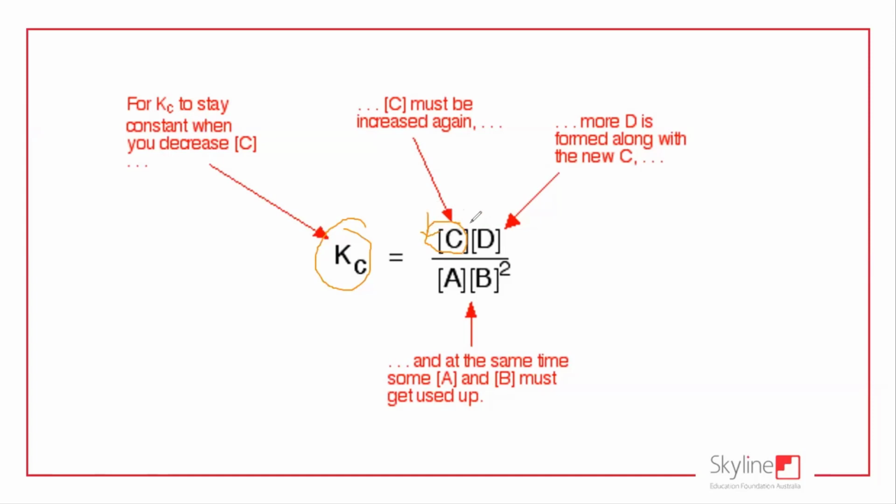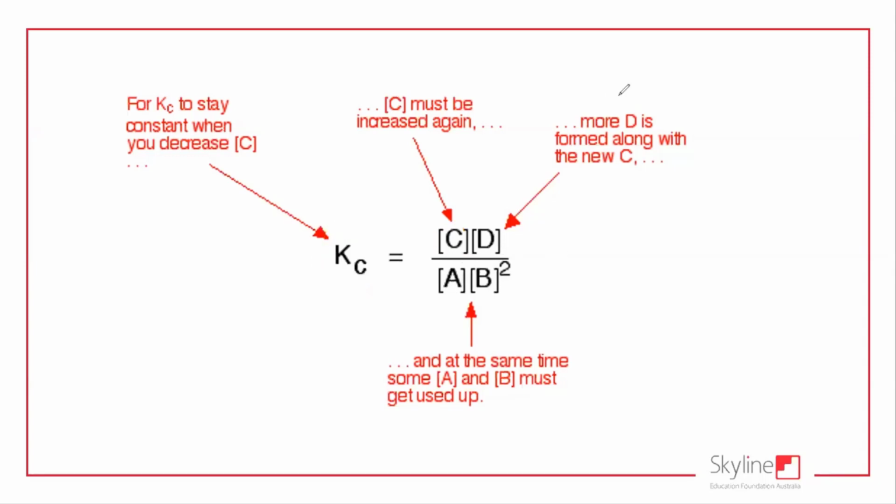Because C is decreased, the value of Q at that point is decreased. But we need to get back to K. So what happens is we favor the forward reaction. So we produce more C, we produce more D, and then we consume A and B.